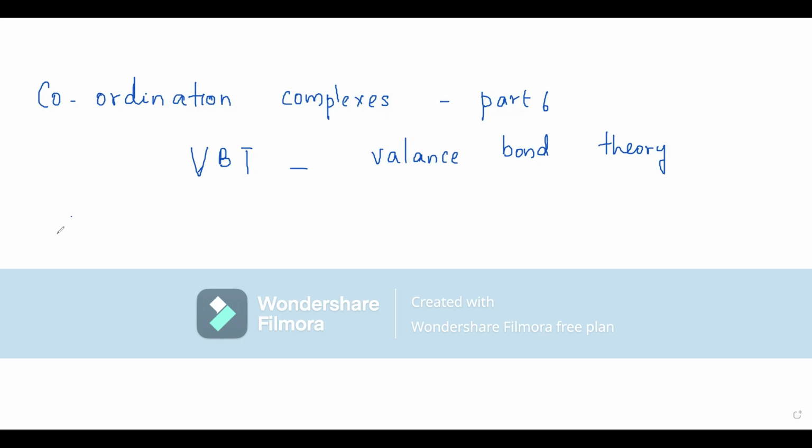Now, let me take an example and, along with the example, explain the postulates of valence bond theory. The first example that I'm going to take is Fe(CN)6, and the charge on the complex is 3 minus. In this, the central metal is Fe.